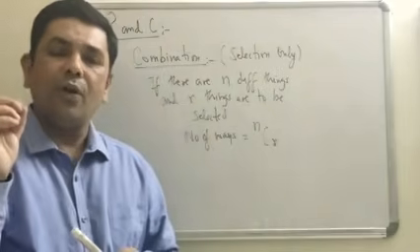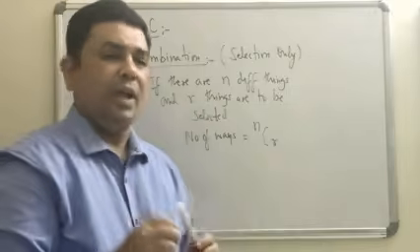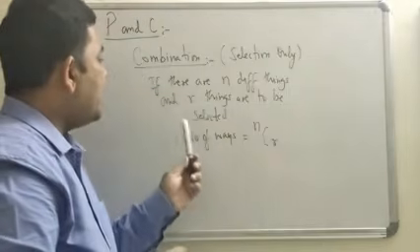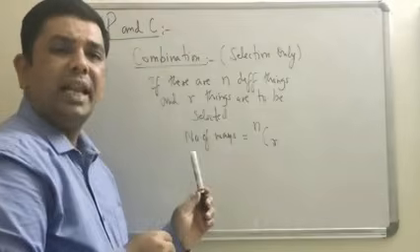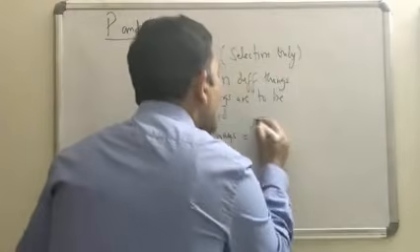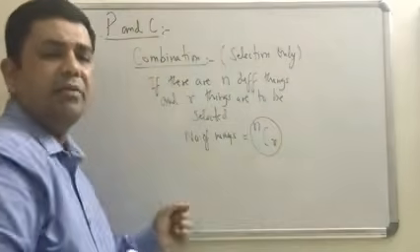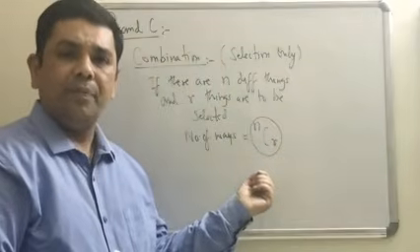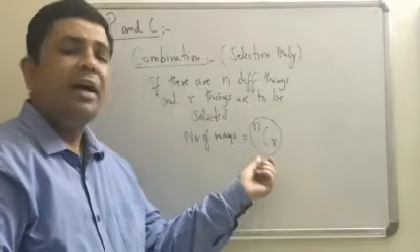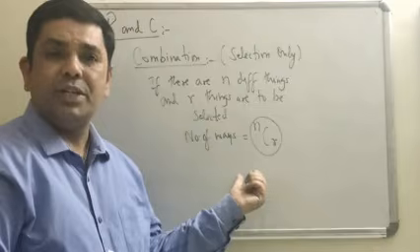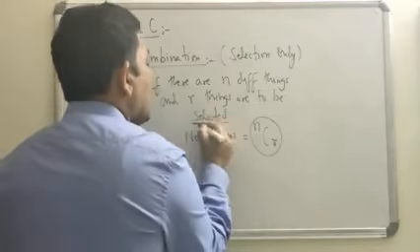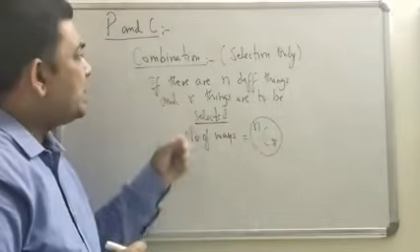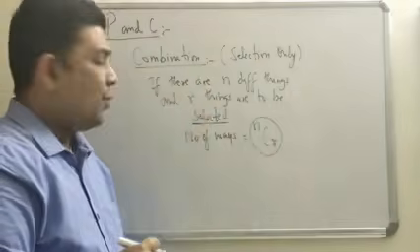I hope you all are listening carefully. If there are n different things and out of these n different things, r things are to be selected, then the number of ways of doing so is given by NCR. The C here represents combination. That means in essence we are only selecting. So it is primarily selection only.